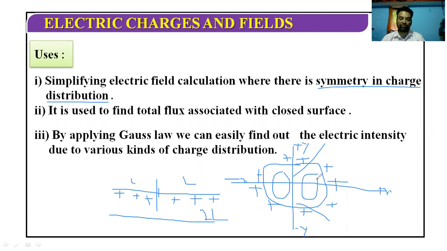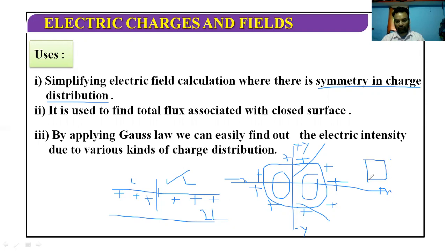So if such a situation is there, in that case, and there are many charges, we can find out the electric field at a point at distance r from the road very easily. बहुत सारे चार्जेस हैं, इनके कारण इलेक्ट्रिक फील्ड किसी r डिस्टेंस पे निकालना इजी है क्योंकि ये सिमेट्री केस है. यहाँ पे भी एक स्फीयर के कारण निकालना इजी है क्योंकि ये एक सिमेट्रिकल केस है. एक क्यूब है, क्यूब के कारण भी इजी है.